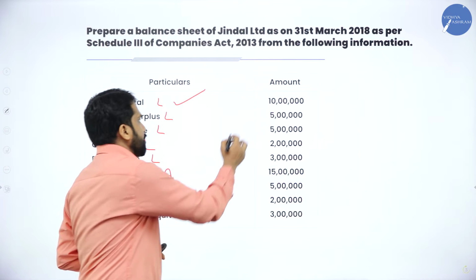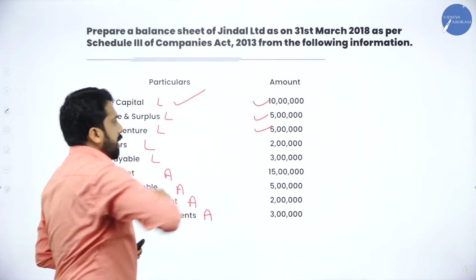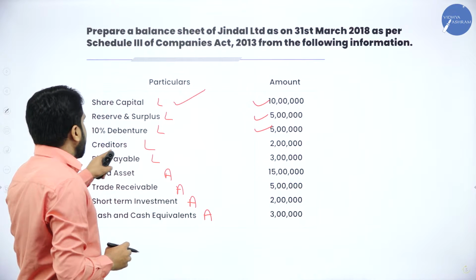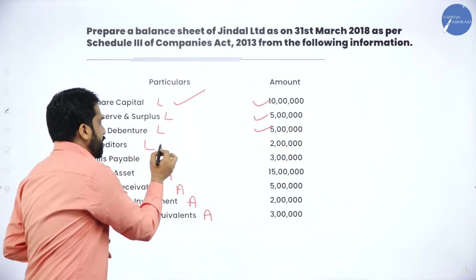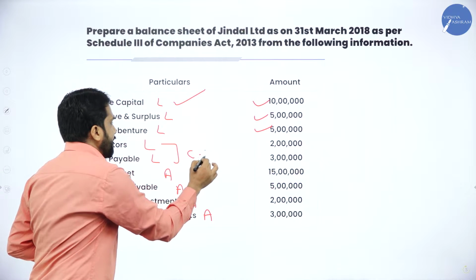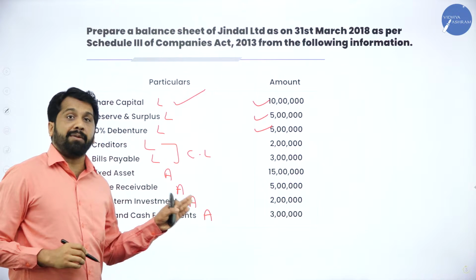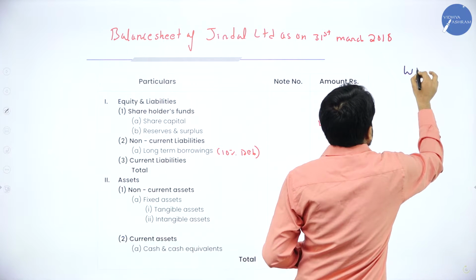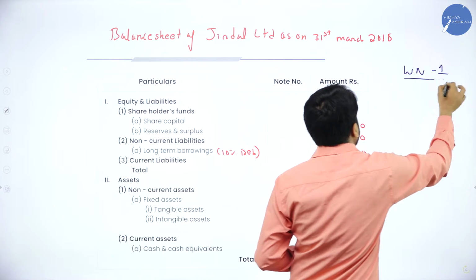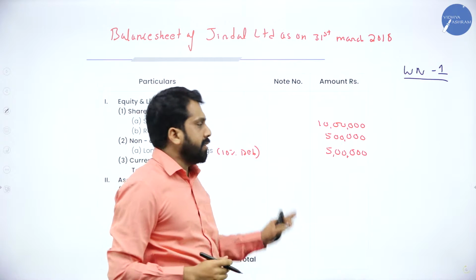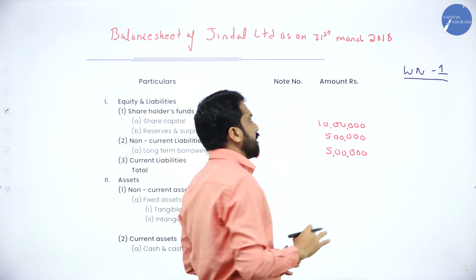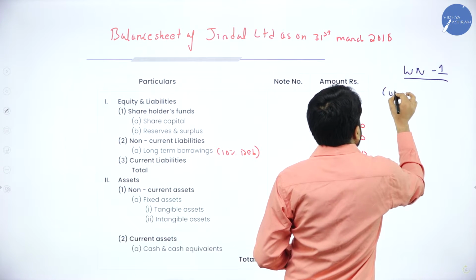So debentures also over. Up to this, any doubt? No doubt. Now, creditors and bills payable, both we call it as current liability. We have to do working note for this. Now, working note 1, you have to do below this format. I have space here, so I am doing in the space itself. Now, current liability.